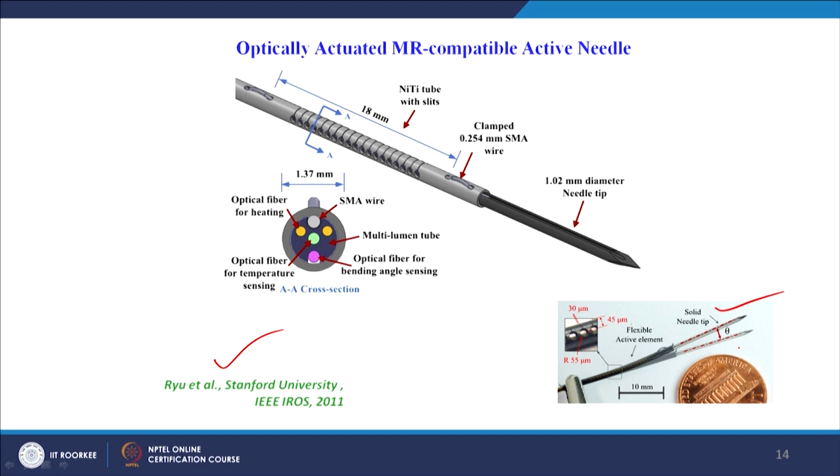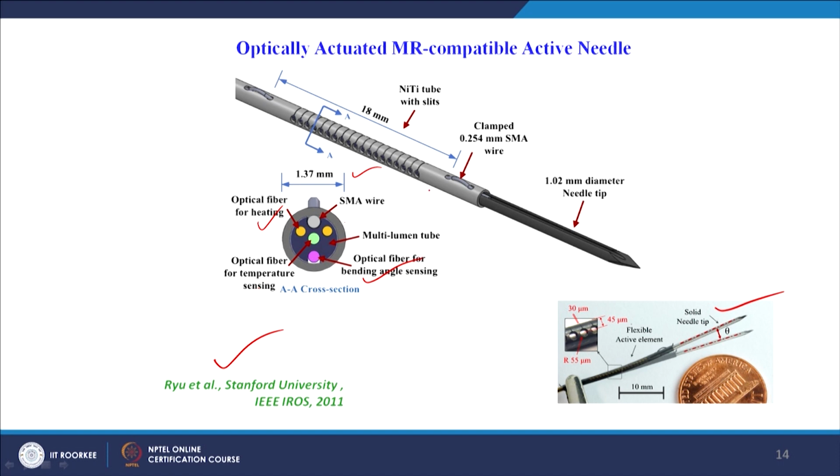It can be used for clinical procedures, and the outer diameter of the needle is 1.37 millimeter. It is composed of SMA wire and 3 optical fibers: one for heating the SMA wire, another for sensing the bend angle of the needle, and the other for temperature sensing.